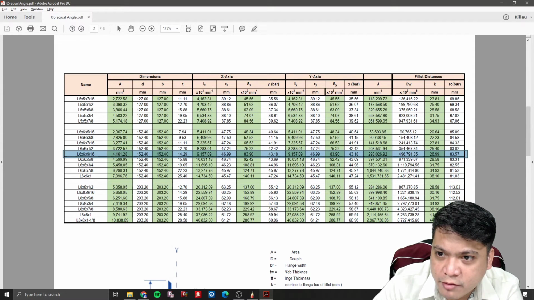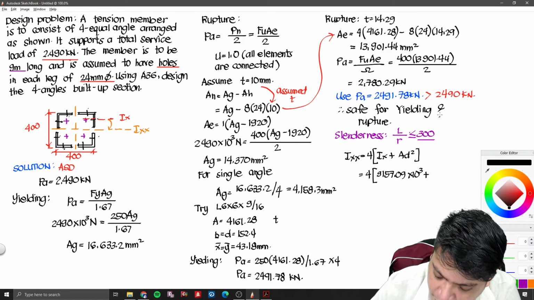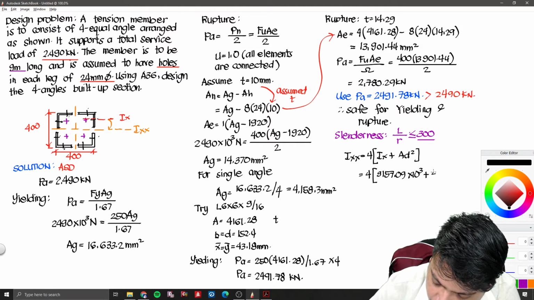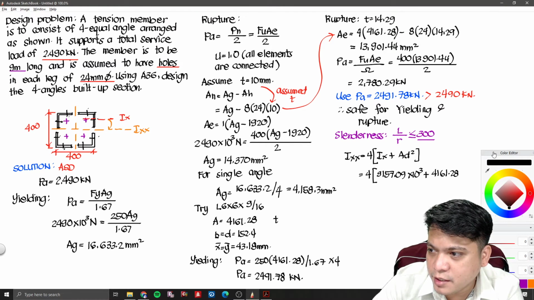Plus the area. My area is this one, 4161.28. So how about the D?